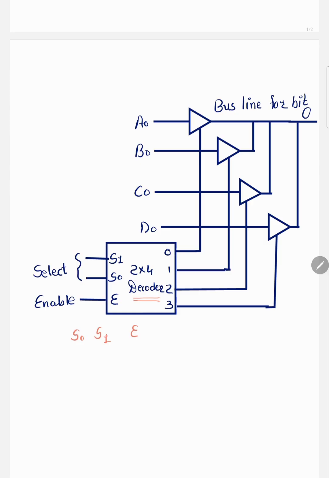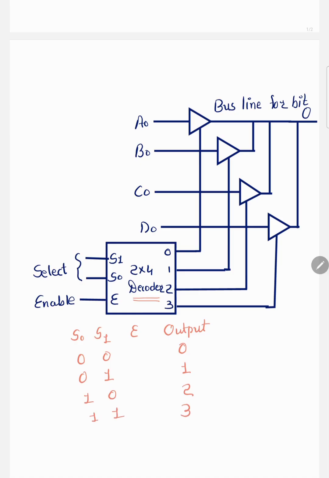That means I can select any one of the lines. If S0, S1 is 0, 0, I get the 0th line. If it is 0, 1, the first line is selected. If it is 1, 0, the second line is selected, and if it is 1, 1, the third line is selected.